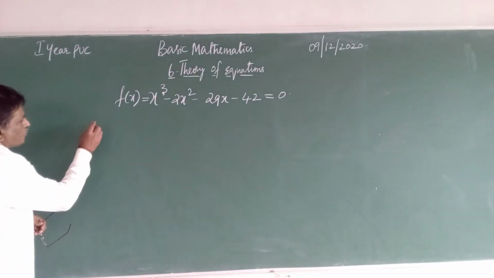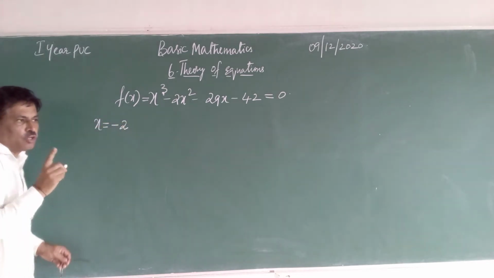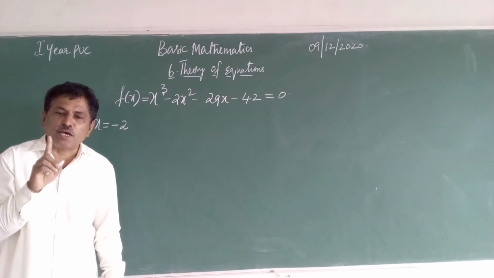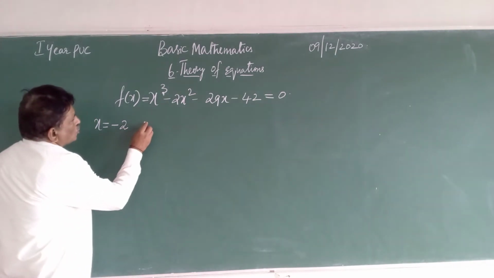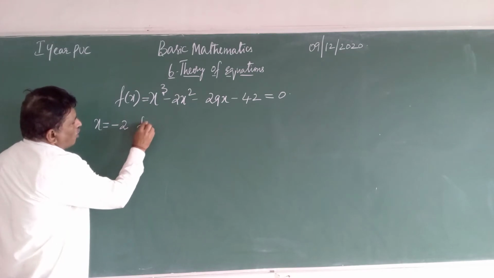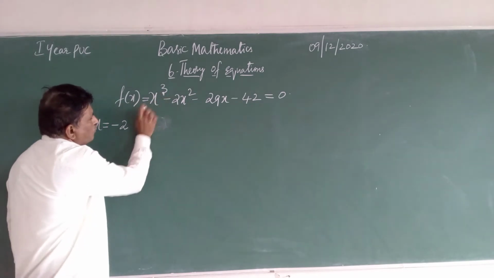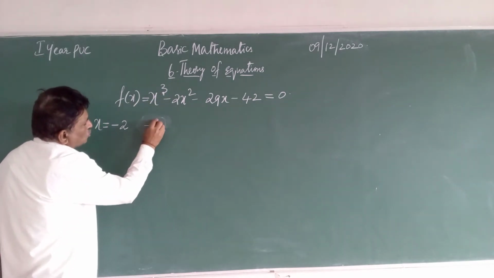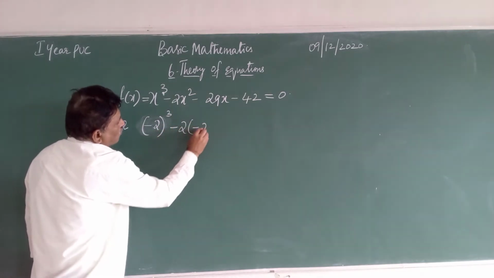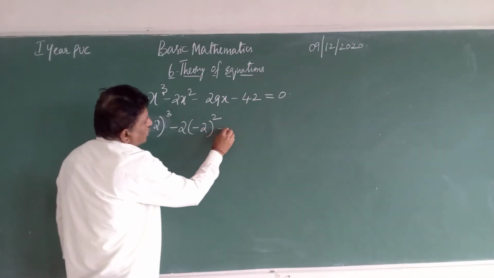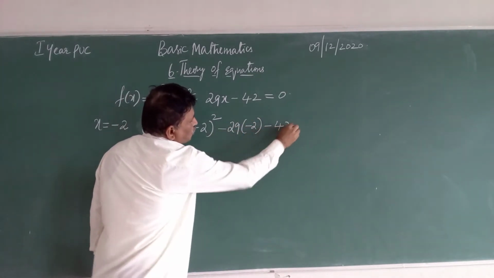First I will take x is equal to minus 2, because we were told to take values between minus 3 and plus 3. So this will become f of minus 2. Here you can put minus 2 whole cube minus 2 into minus 2 whole square minus 29 into minus 2 minus 42.